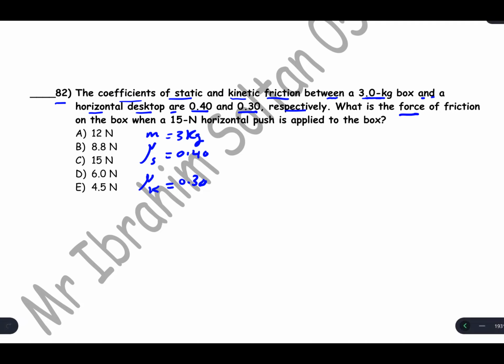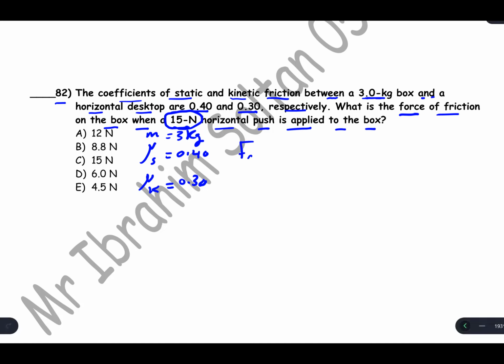What is the force of friction on the box when a 15 Newton horizontal push is applied to the box? So the applied force is 15 Newton. Let's see if it is more than or less than the static friction. Let's calculate the static friction first.